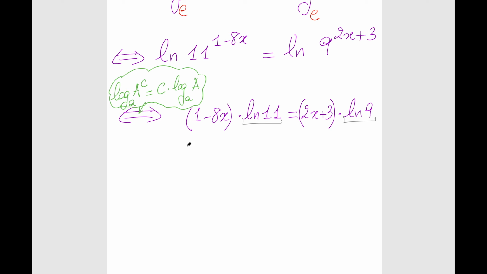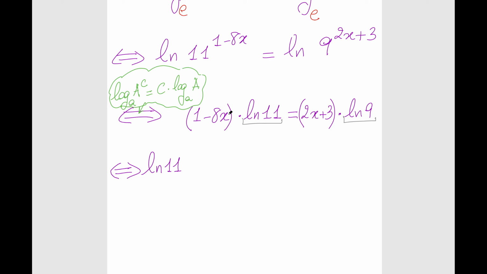Okay, so that's exactly what I'm going to do, because this is no different than the others. This is still a number, but probably it looks a little weird, right? But it is a number. So we get that number times 1 is that number, so ln of 11, minus 8 times this number times x, right?